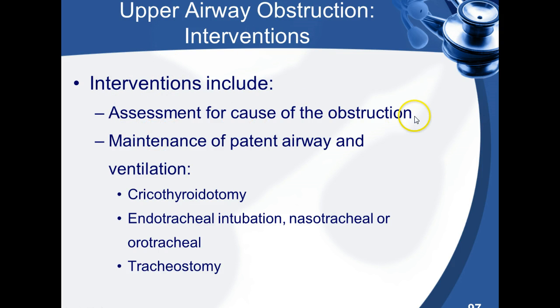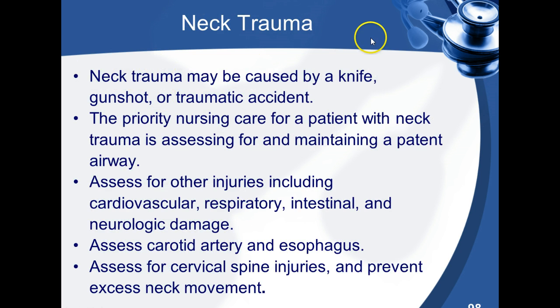Interventions include assessment for cause of the obstruction, maintenance of a patent airway, and ventilation. Surgically they could do a cricothyroidotomy, and of course we already talked about endotracheal intubation and a tracheostomy.